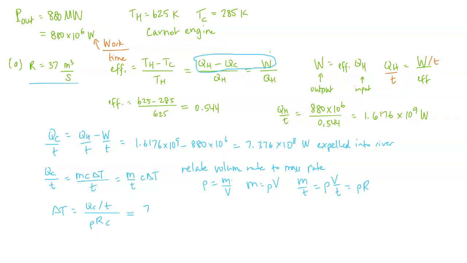And so I can take my 7.376 times 10 to the 8th joules per second. I'm going to use 997 kilograms per cubic meter as the density of water, because 1,000 is for pure water, and river water is not pure water. And then we need the specific heat of water as 4181 joules per kilogram per Kelvin, and I get a temperature rise of 4.78 Kelvin.